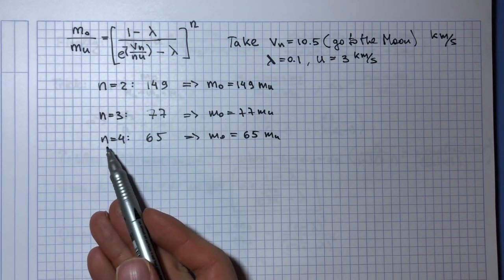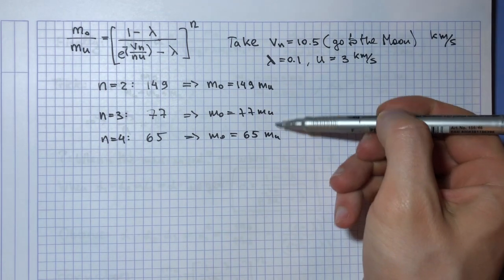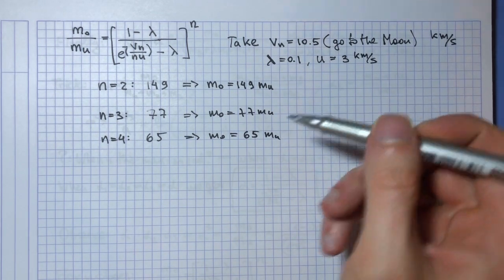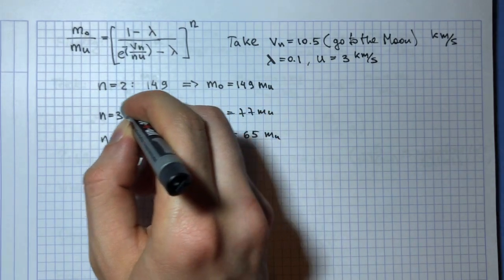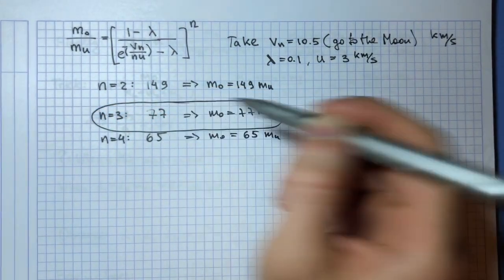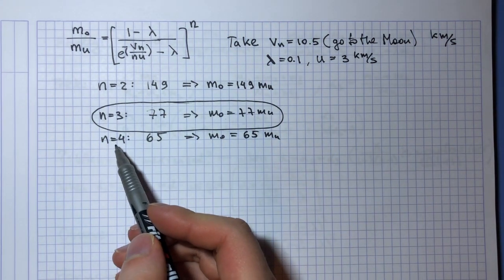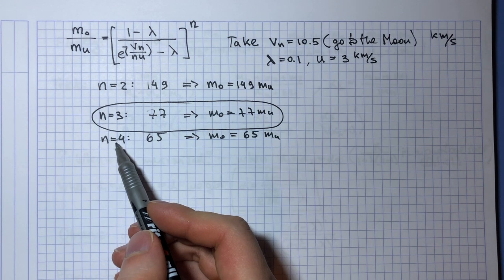And then you see that if we have 4 stages, it drops even further, but the difference is not that drastic. So actually, n equals 3 appears to be the most profitable solution, because if you increase the number of stages, this will make the structure of the rocket more complex.